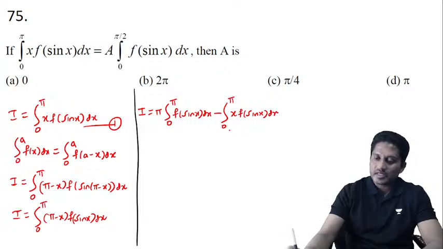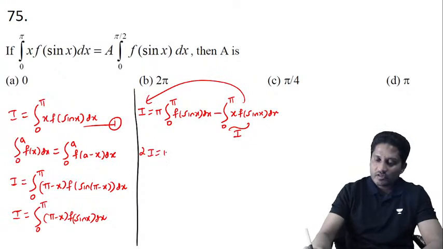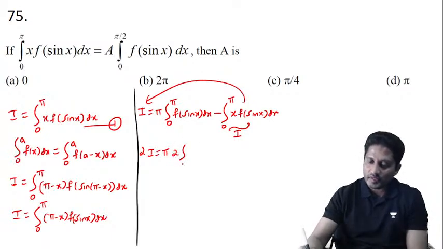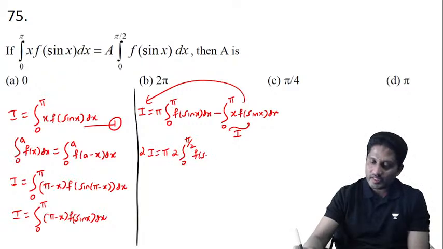Right, this is same as I. From equation 1, if I shift here, you get 2I. 2I is equal to pi times integration 0 to pi, which can be written as 2 times integration 0 to pi by 2 of f of sine x dx. So 2 will cancel with 2. You get I is equal to pi times this.